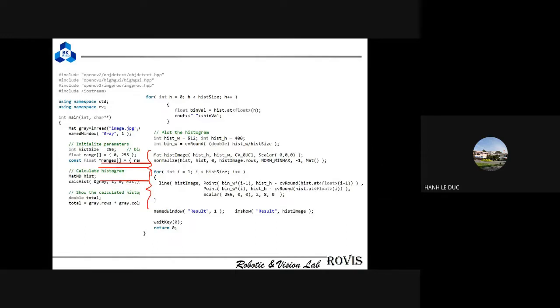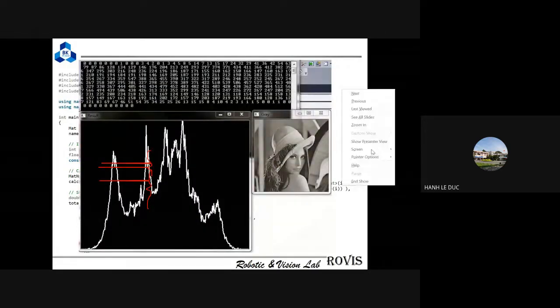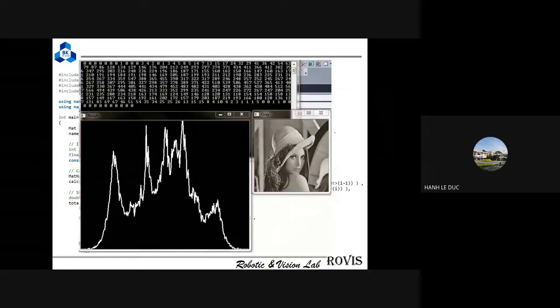And then you have some pictures like this. This is the grayscale image we load into our program, this is the value of the pixels, and this is the histogram.